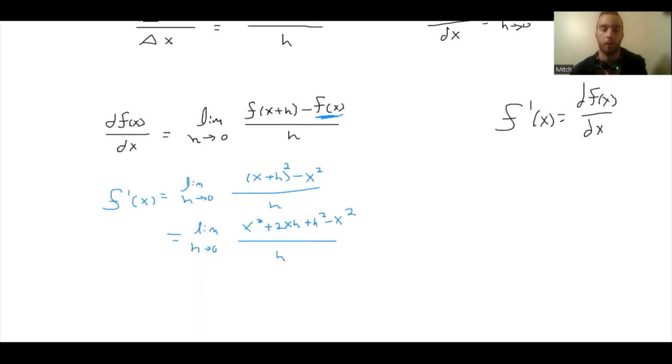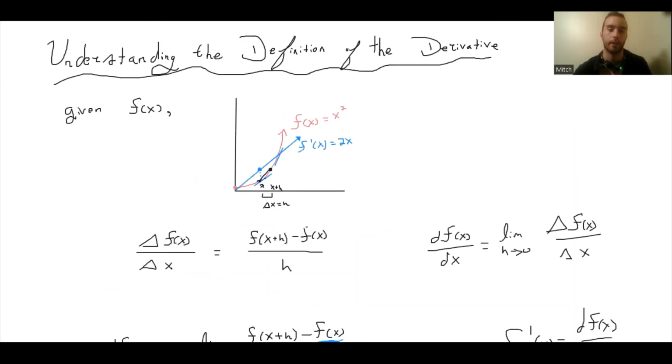All of a sudden, we'll always see that our original function cancels out. And then we can always factor out an h now. Factoring out that h is how we can solve this limit. So now we have that h cancel out, and we can just substitute h equals 0, and so this limit equals 2x, and that's the derivative that we calculated up here.